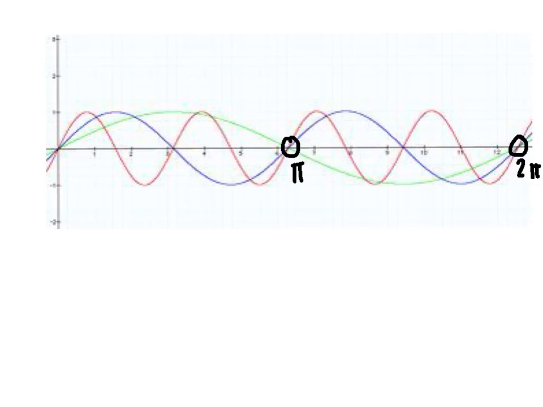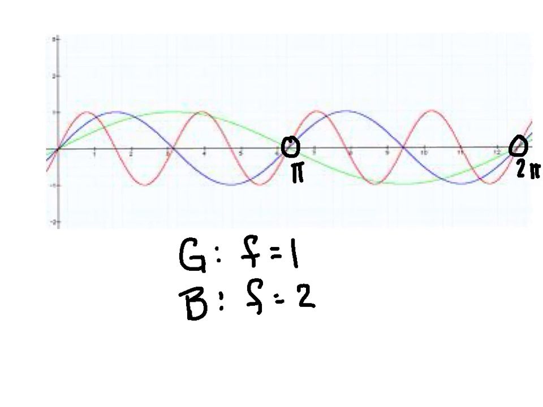So the green graph, I'll use G for green here, represents the standard sine curve, and has a frequency of 1. The blue curve has a frequency of 2. And how about that red curve? How many cycles do you see there? That's the completion of the first, the second, the third, and then one more, we got 4. So I would say the red curve has a frequency of 4 cycles there.